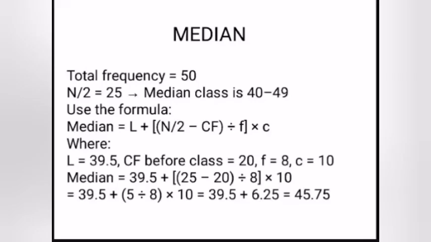So to find the median class, we'll draw another table, and the heading is going to be cumulative frequency. To find your cumulative frequency, you go back to the column of frequency, write out the first number there, 4.